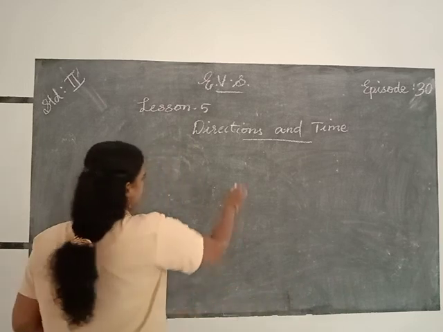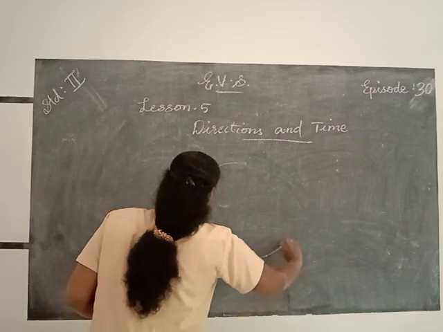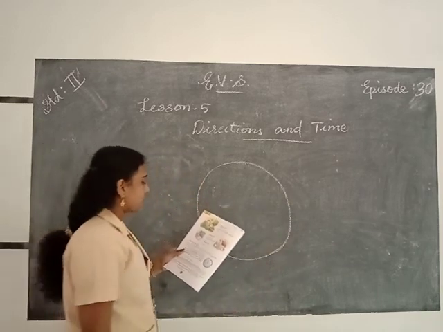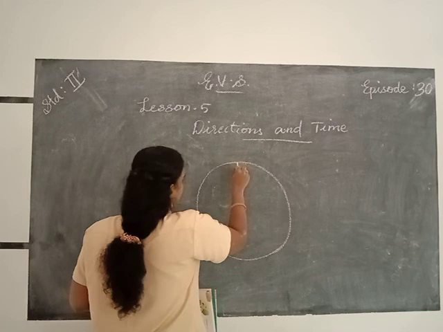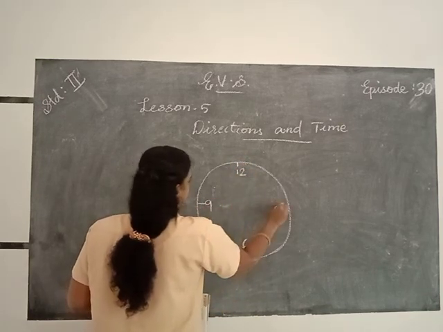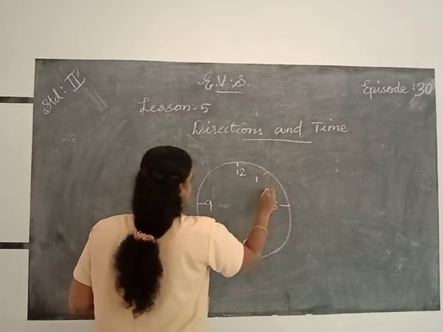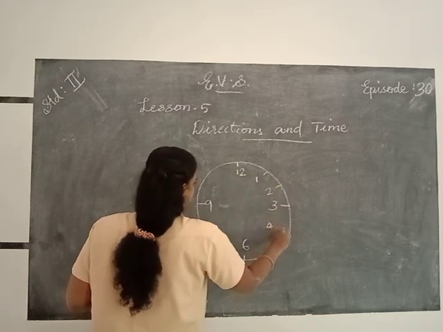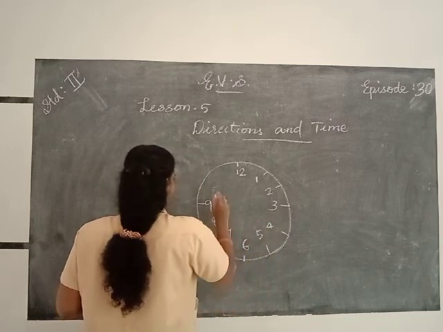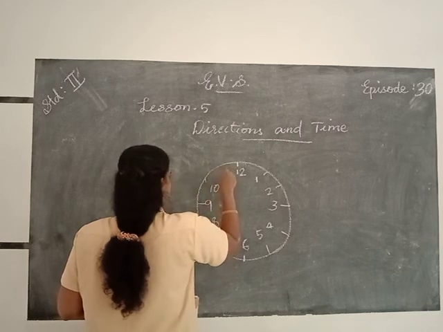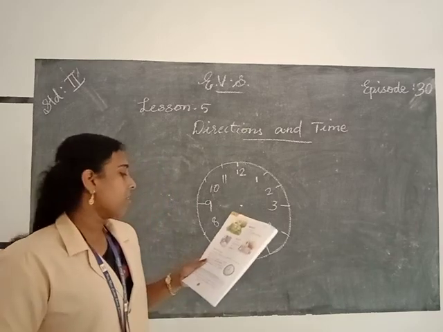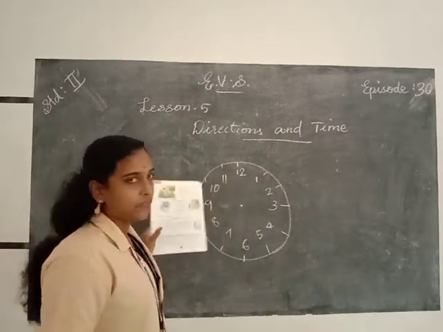So, if you want to draw a clock, the clock has numbers 1 to 12.